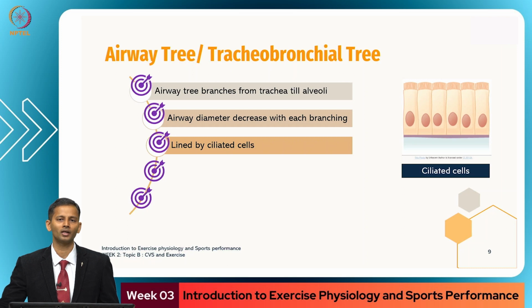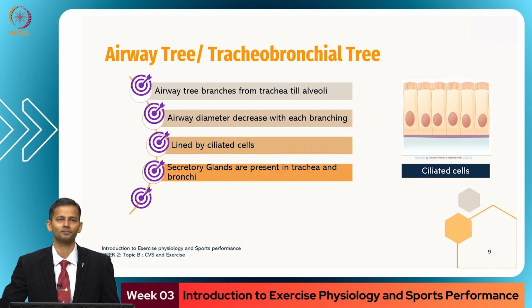In the bronchial tree, these cilia move towards the nose. So whenever a foreign body gets inside the trachea or the bronchial tree, it is pushed outside by the movement of these ciliated cells.